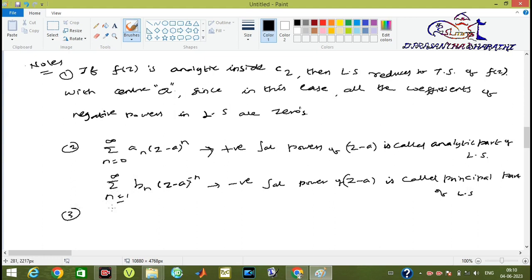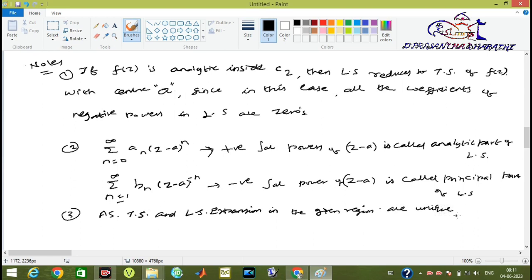The third note: Taylor series and Laurent series expansions in the given region are unique.